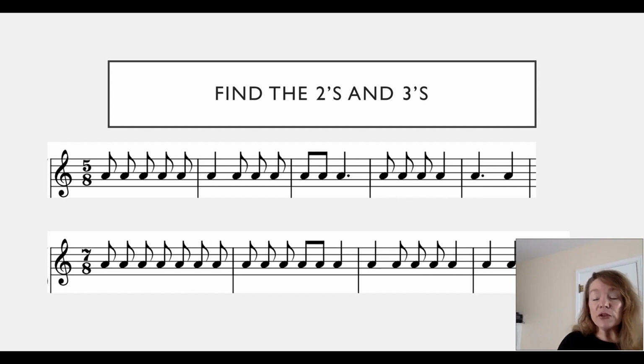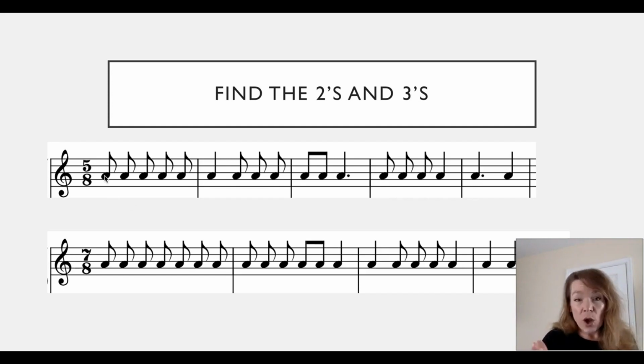Okay, so the first order of business is to find the 2s and 3s. So if we look at this bar of 5/8, we know that we have 5 eighth notes worth of rhythm in the bar. So let's count them here. 1, 2, 3, 4, 5. There are 5. And we just discovered that usually we're in groupings of 2s and 3s within the bar.